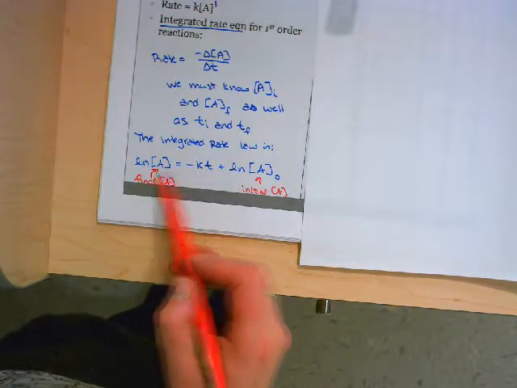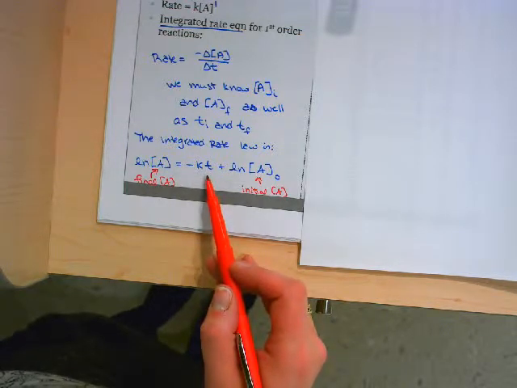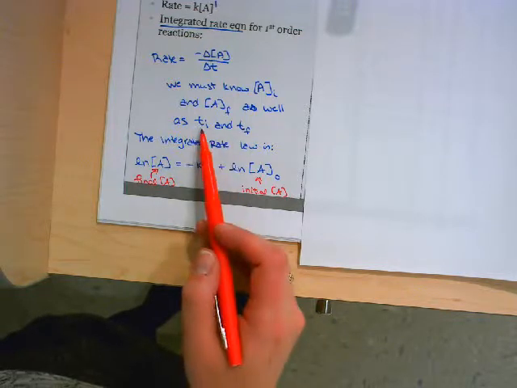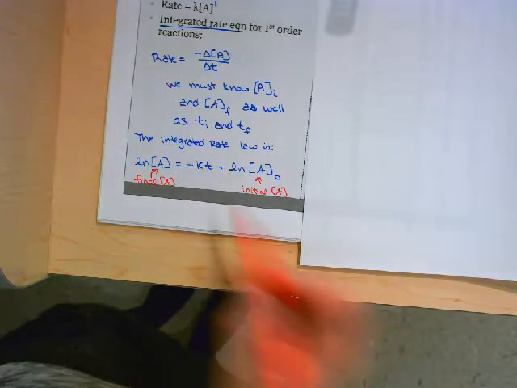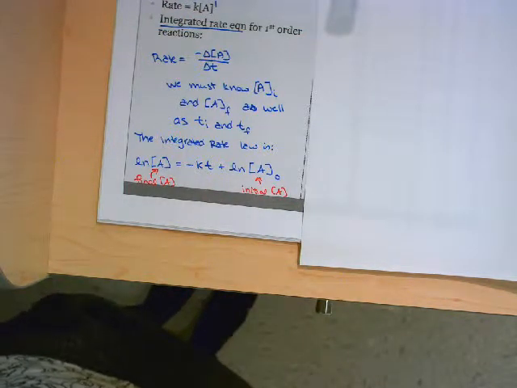So the natural log of A equals negative rate constant times how much time has elapsed. What assumption did I make about my time then? What's the easiest way to start the reaction? That T1 is 0. So anything past 0 is T. That's why there's not a T1 and T final.